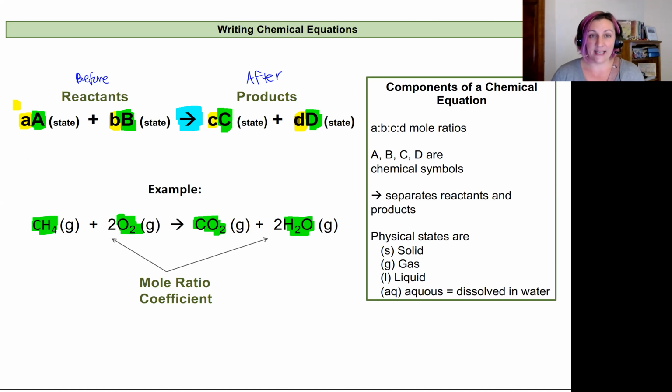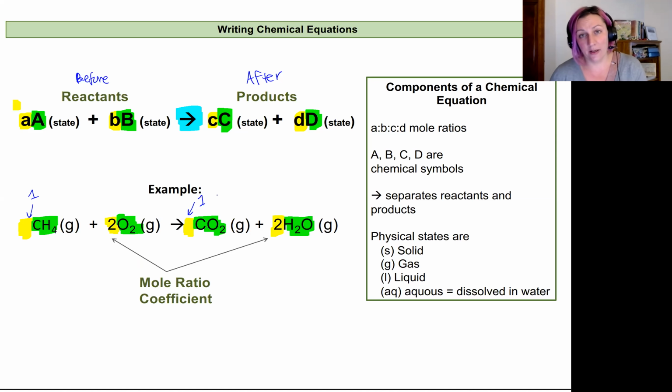In our example, that mole ratio is represented by this 2 in front of the oxygen and the 2 in front of the water. Now, there is still information being communicated about the mole ratio of the carbon dioxide and the methane. If there's nothing there, it's a 1. Because if we're writing out the chemical formula, it implies that there's at least 1 mole of this reactant to react with 2 moles of oxygen. So whenever we have this blank space here, that really means 1.